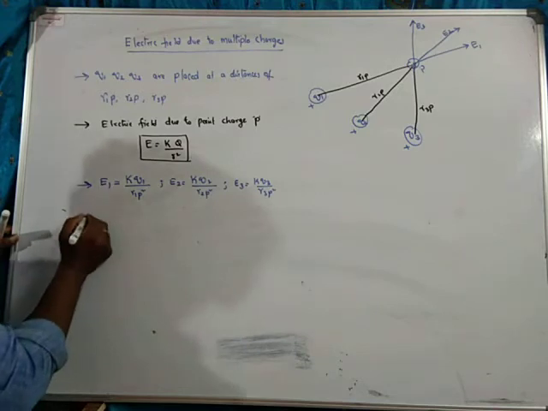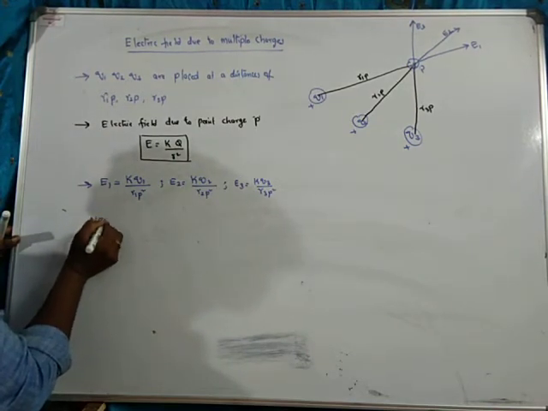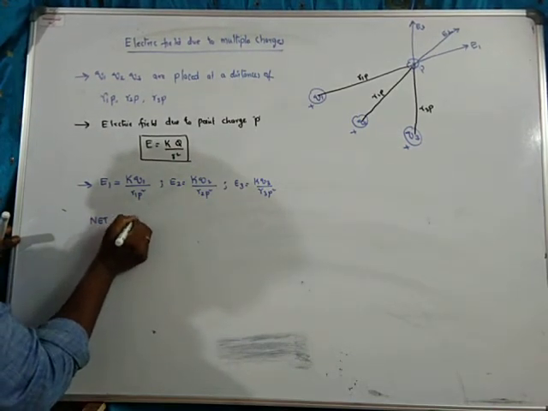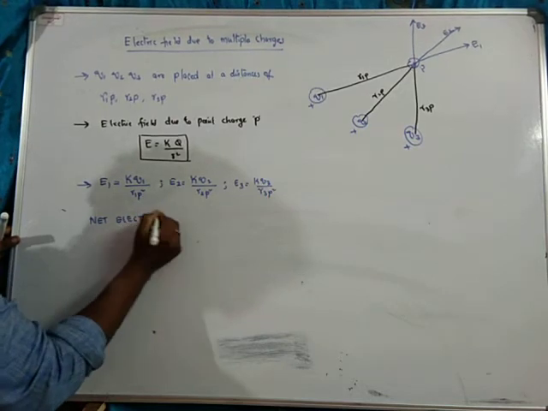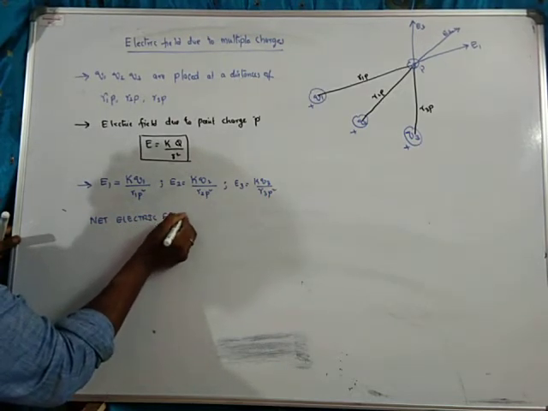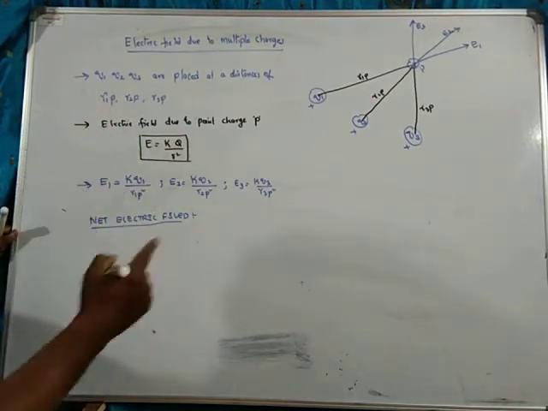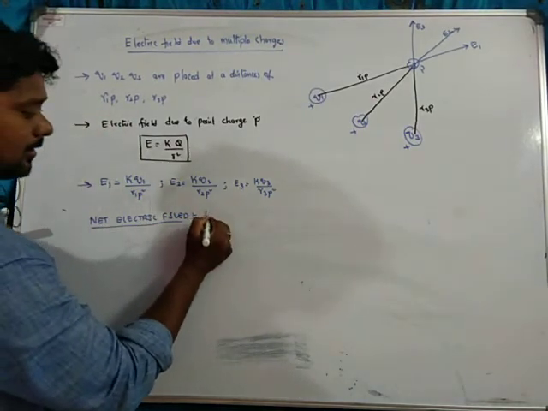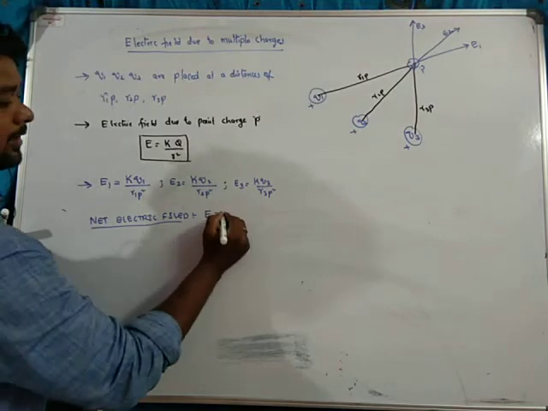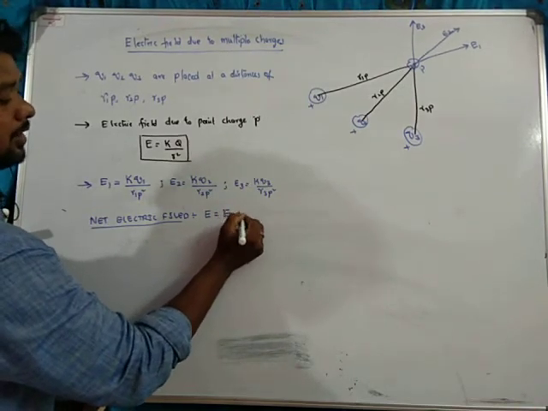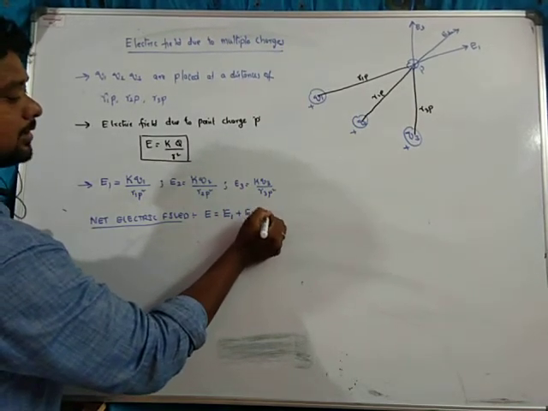We need the value of the net electric field, which means we combine all three. Net electric field is equal to E1 plus E2 plus E3.